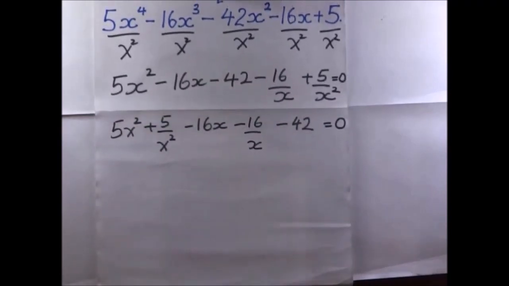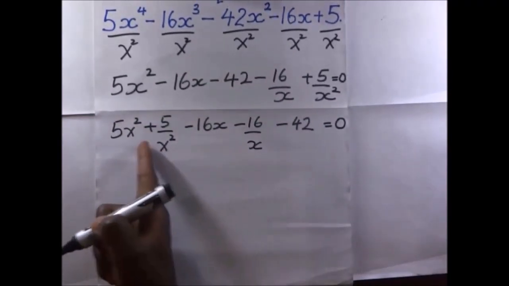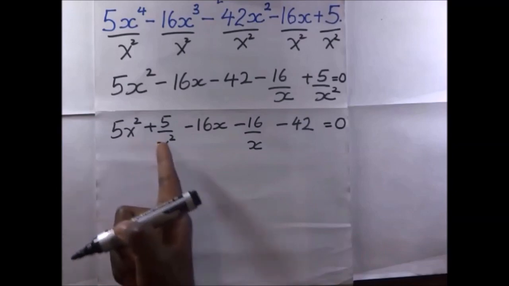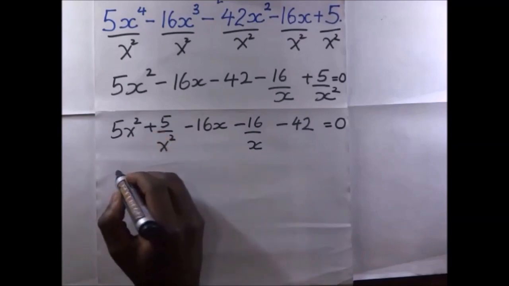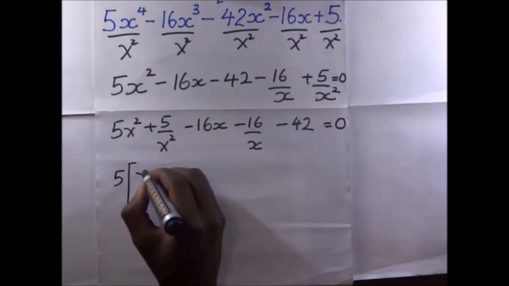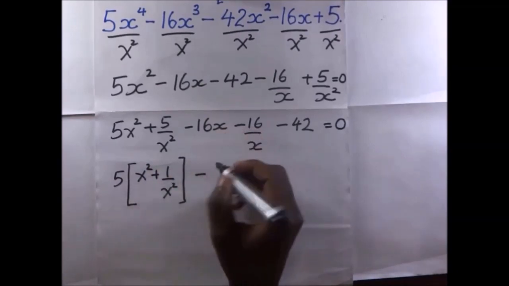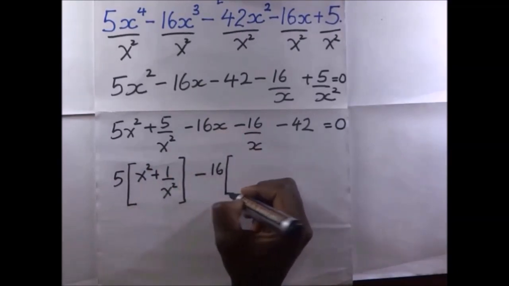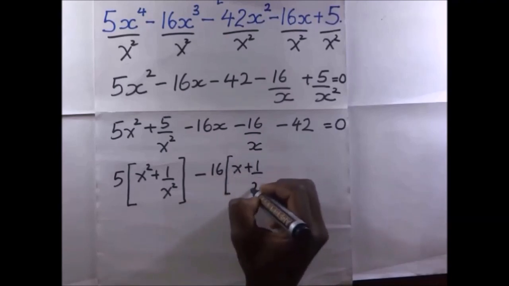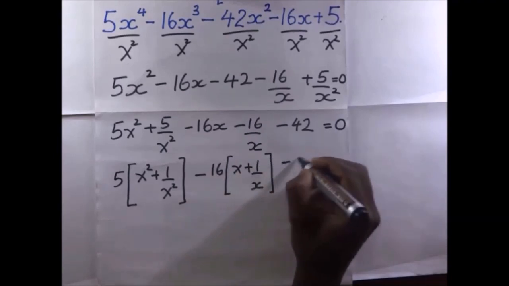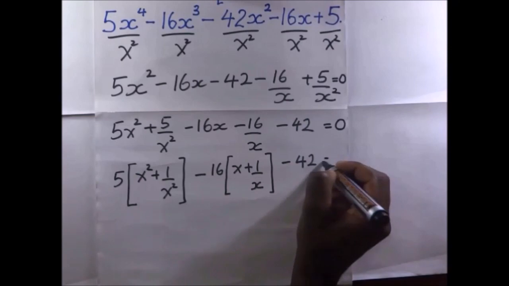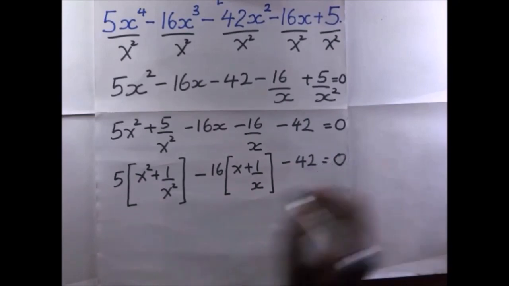So after collecting like terms, we factorize out the common term here. The common term here is going to be 5. The common term here is 16 minus 42. That's going to give us 0.